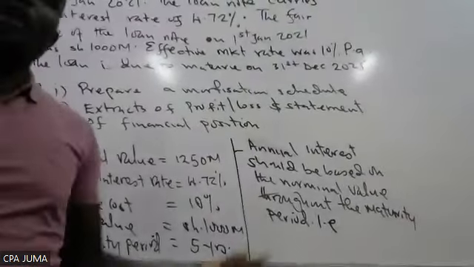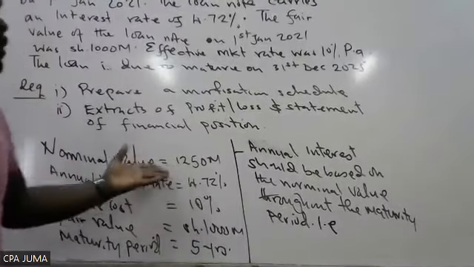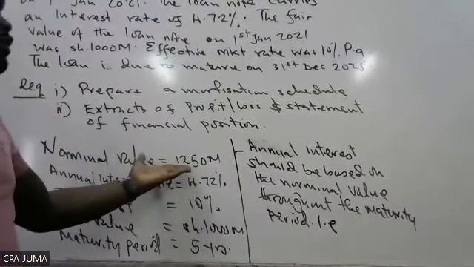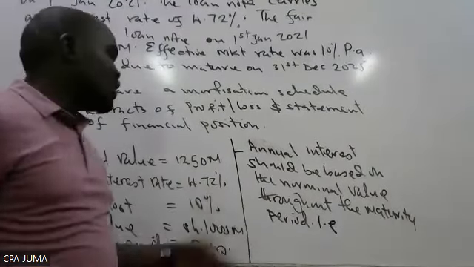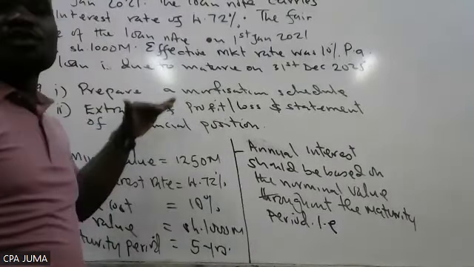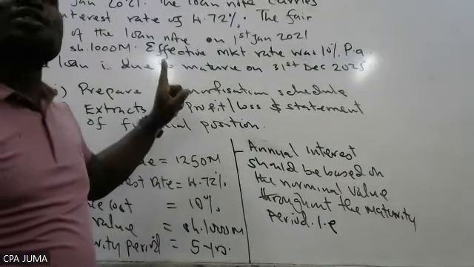You know, when you take it practical, there's no way you can present an instrument with a value of 1250, then in the market it is at 1,000, and the interest which should be paid or received should be constant.